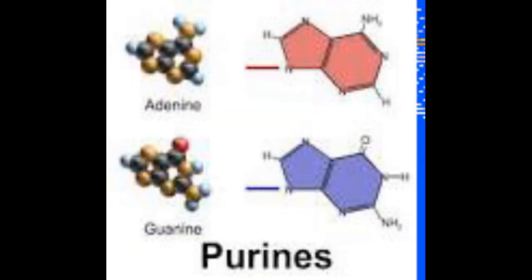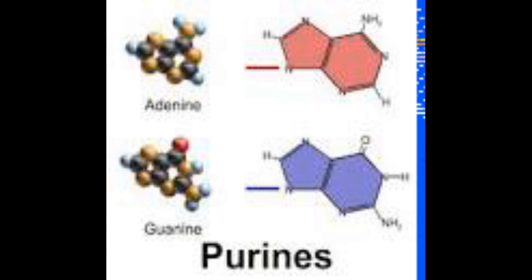This is the structure of purine. There are two purines, adenine and guanine. These are heterocyclic compounds. In heterocyclic compounds, there are some heteroatoms present along with carbon and hydrogen.